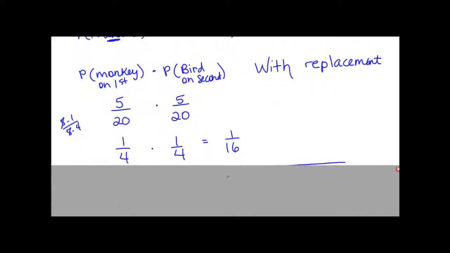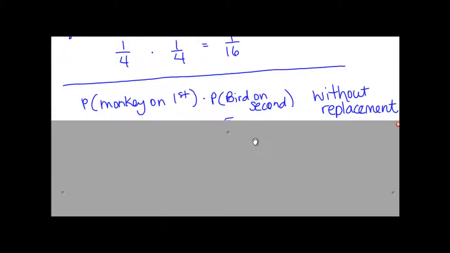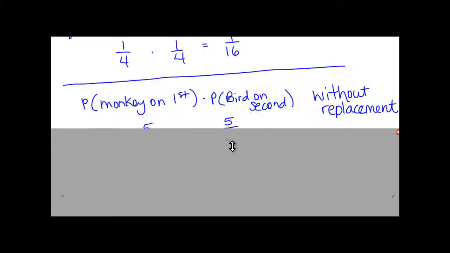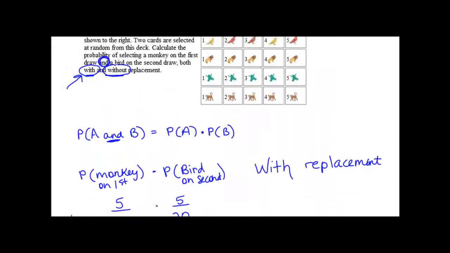Okay, so next let's look at the same problem but without replacement. So on the first draw, the probability of drawing a monkey would be the same, 5 cards with monkeys on them out of a total of 20. But then what happens on the second draw, if I don't replace this card, let's look back up here.